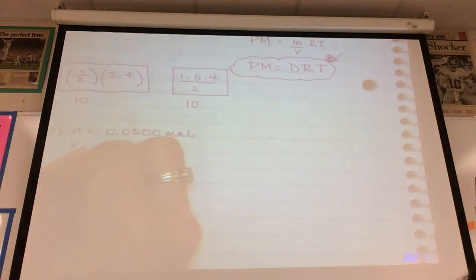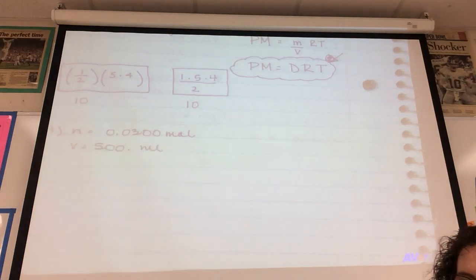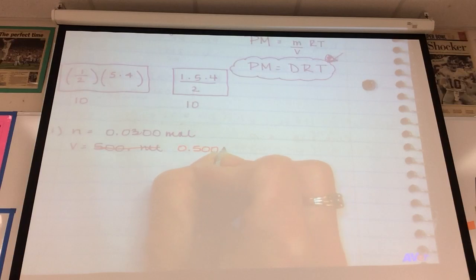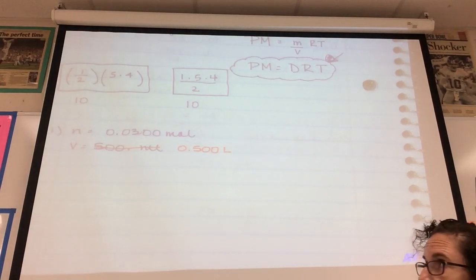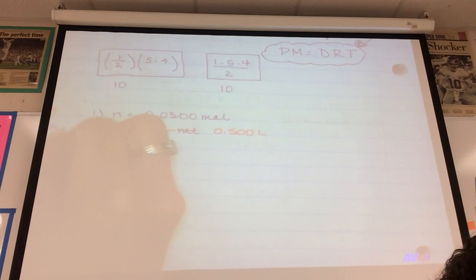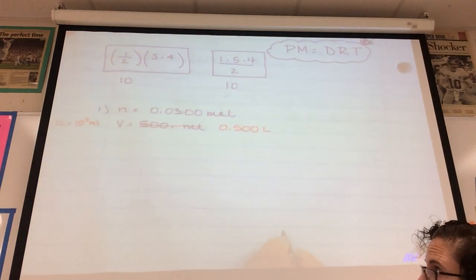And the volume is 500 mils, but one thing I said to you right away is we are going to need to get to liters. Move the decimal 3 to the left to go from mils to liters. Remember that 1 liter is 10 to the 3rd milliliters. That's something you need to know.